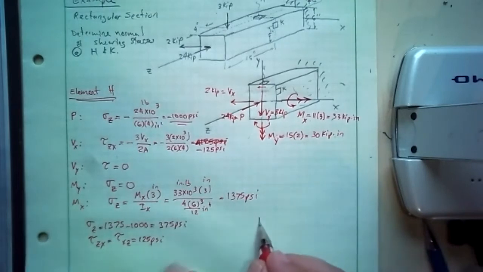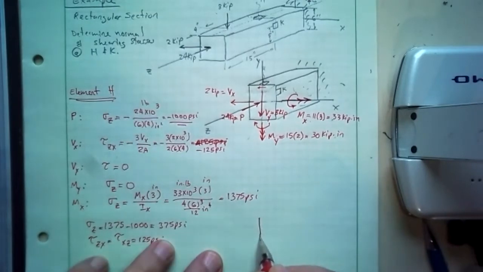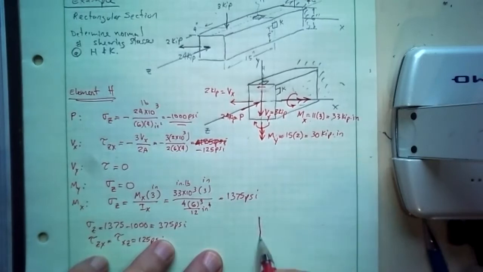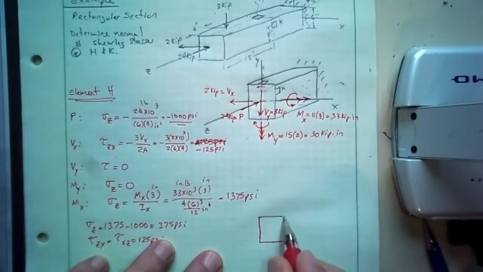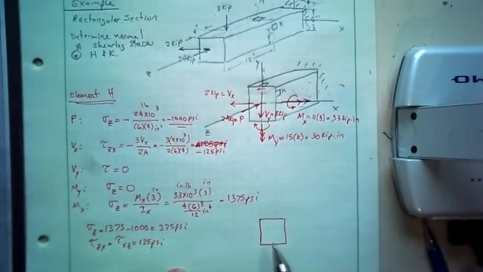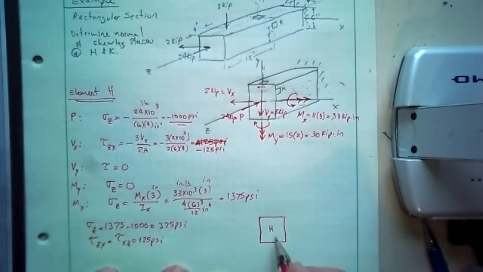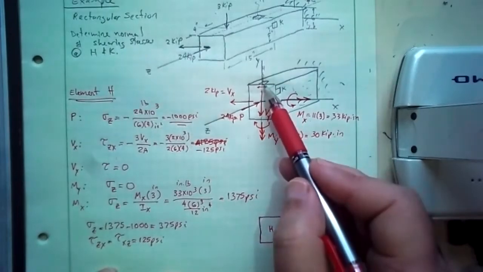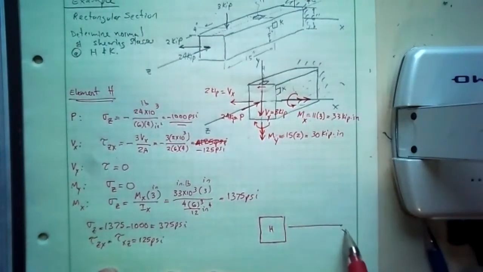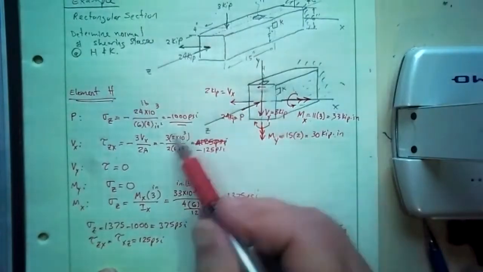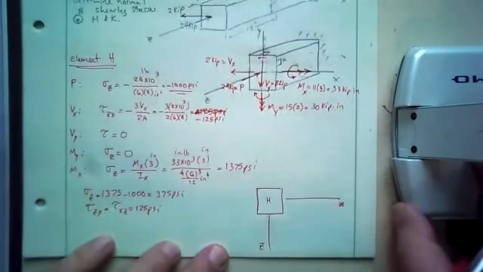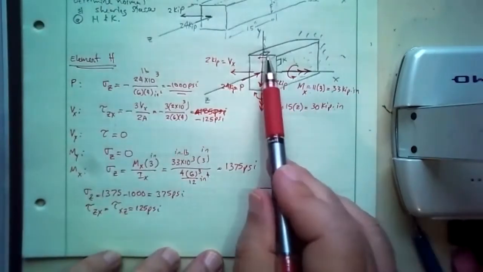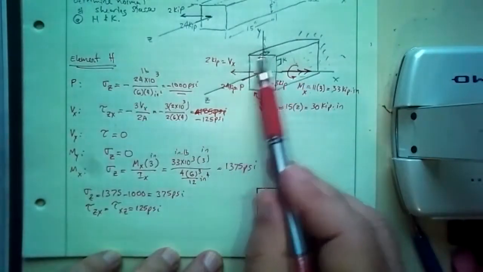So this is element H. I should have drawn this a little bigger. As far as a coordinate system, Z is along the length this way, and X is going this way.